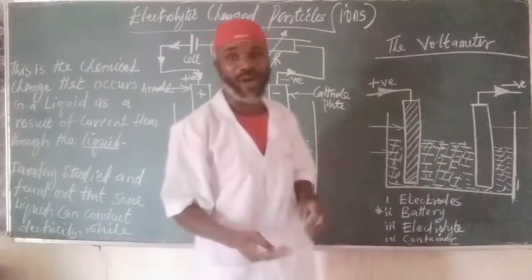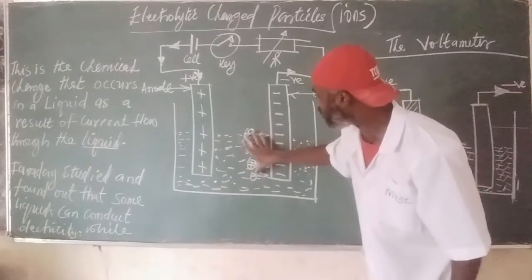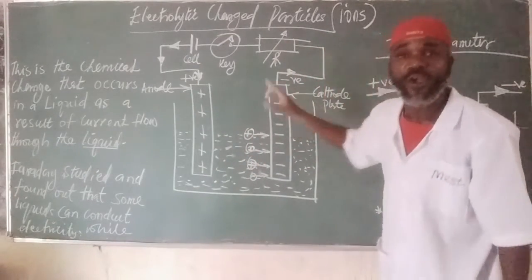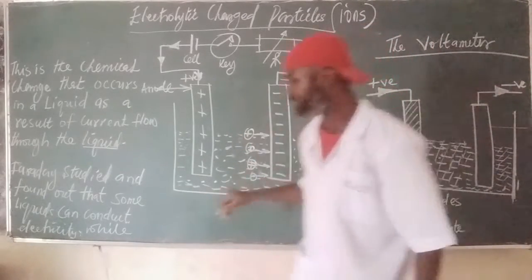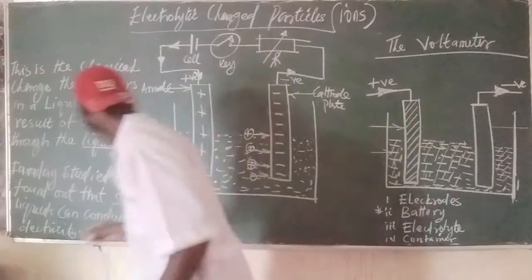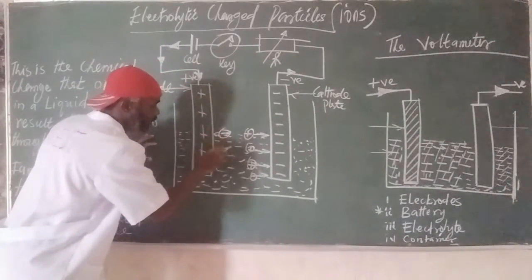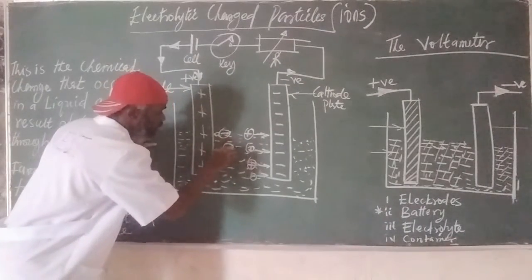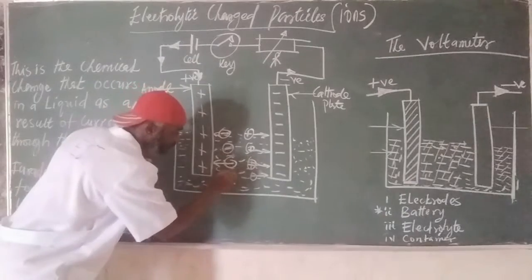Of course, you know what will happen next. Because the positively charged ones have drifted towards the cathode, correspondingly, the negatively charged particles will now drift towards the anode.